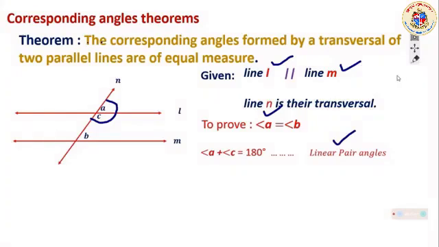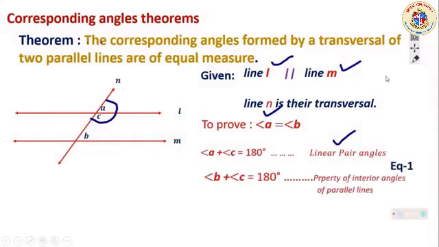We also know that angle B plus C, angle B is here and angle C is here, are also equal to 180 because they are interior angles. That means A plus C is 180, B plus C is 180.